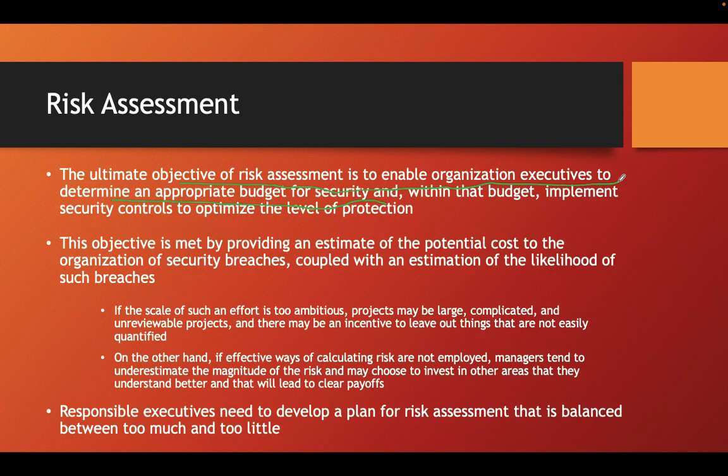Now, still buttressing this objective, it is met by providing an estimate of the potential cost to the organization, what it is going to cost to handle security breaches and run the entire security architecture, coupled with an estimation of the likelihood of such breaches. Security breaches might occur now or in the future, so the budget should be able to cater for them either now or in the future.